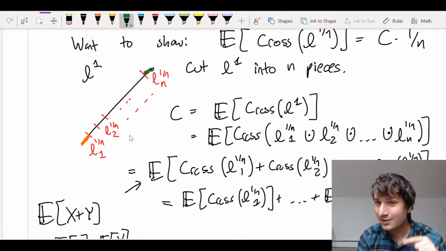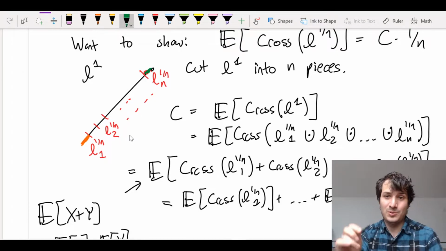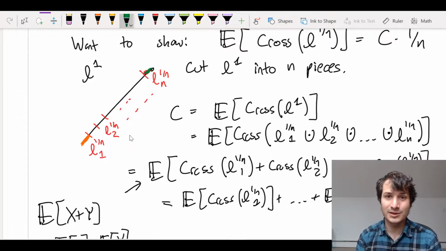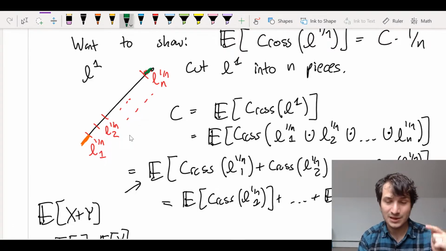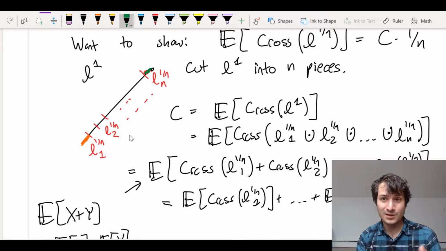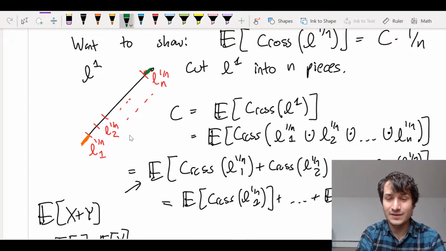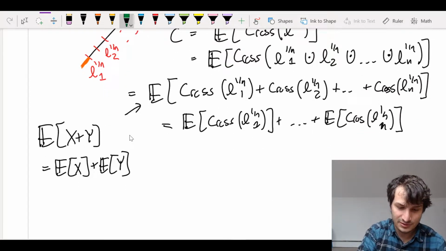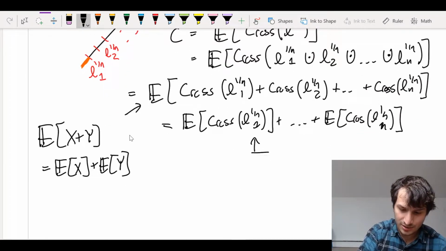The red guy, I mean, it's true he's going to be near the green piece, but from his point of view, he's also just thrown randomly. So each of these pieces individually, because of the way we're throwing the full piece, are also thrown uniformly at random onto the grid. And therefore, the expected value of the number of crossings for any piece is equal. So all of these numbers are all equal.